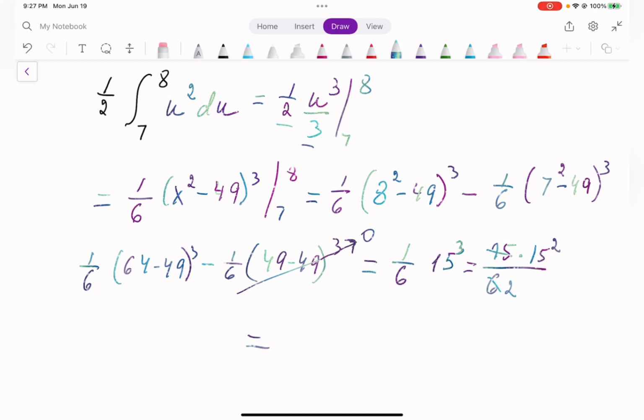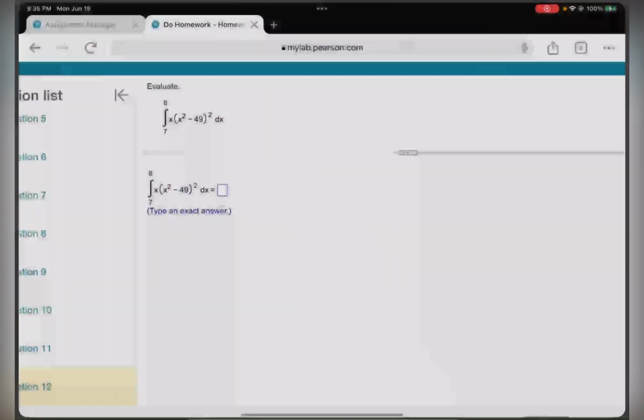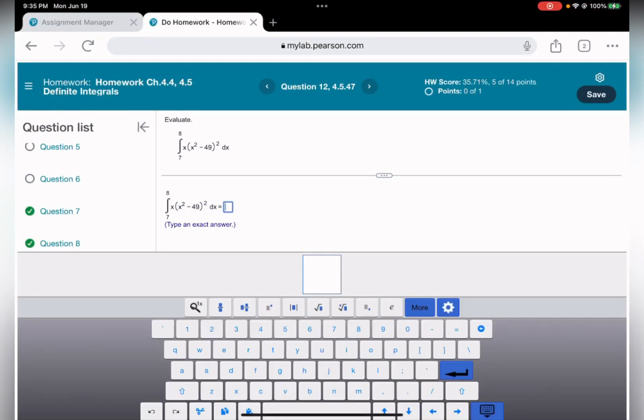This is 2, this is 5, and we are getting 5 over 2 times 15 squared, 225. And this is going to be equal to 25 times 5, 5 times 5 is 25, 2 in mind, 10 and 2, 12, 1 in mind, 10 and 1, 11 over 2. 1125 over 2.